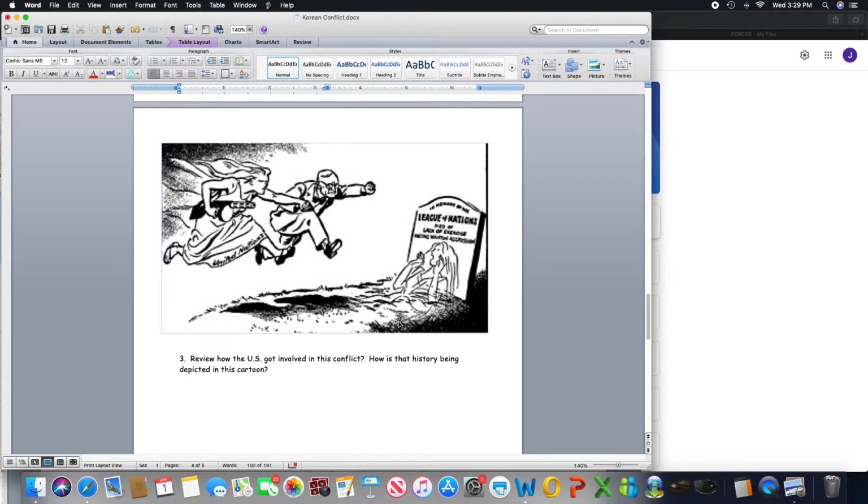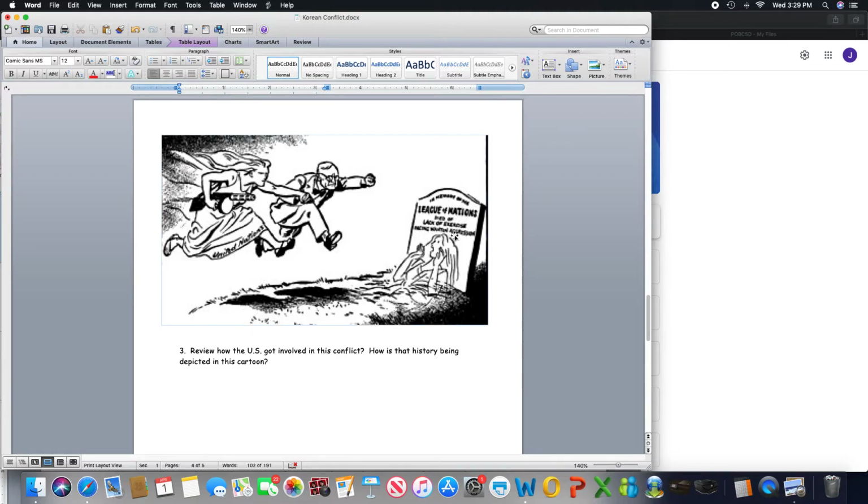This is a little commentary on the fact that the League of Nations did very little during the build-up to World War II. Now we have this new international organization that has weapons capability, and the President of the United States was not going to sit by and allow an aggressor nation to get away with attacking its neighbor. So let's answer question 3 while we're down here.